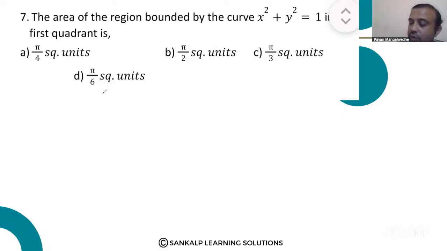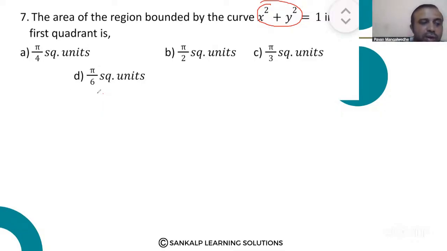Okay, let's start solving this. The area of the region bounded by the curve x square plus y square is equal to 1 is required. So x square plus y square is in the standard form, x square plus y square is equal to r square.